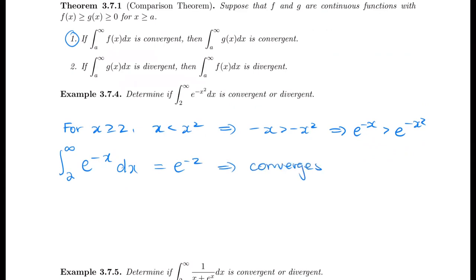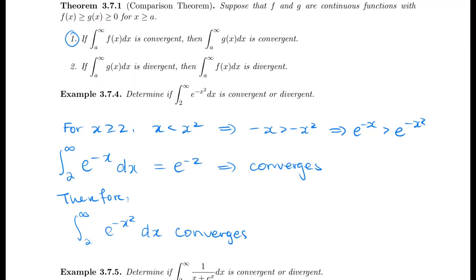So that means the integral here, 2 to infinity of e to the power negative x squared, converges as well. Although the value might not be obvious, we don't really care about that.